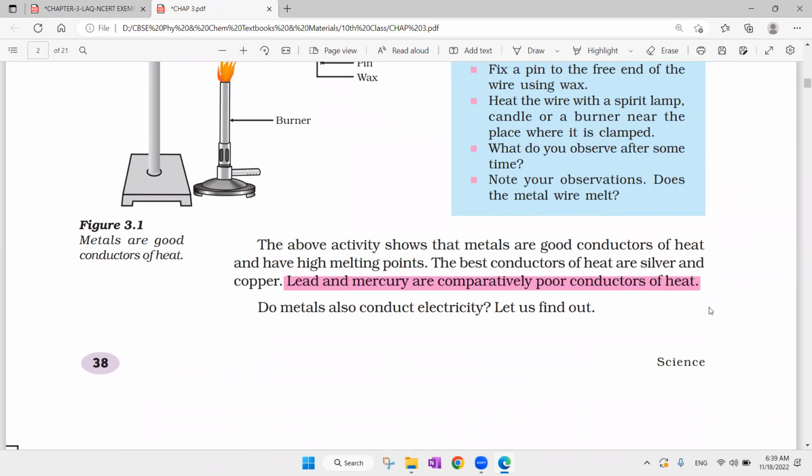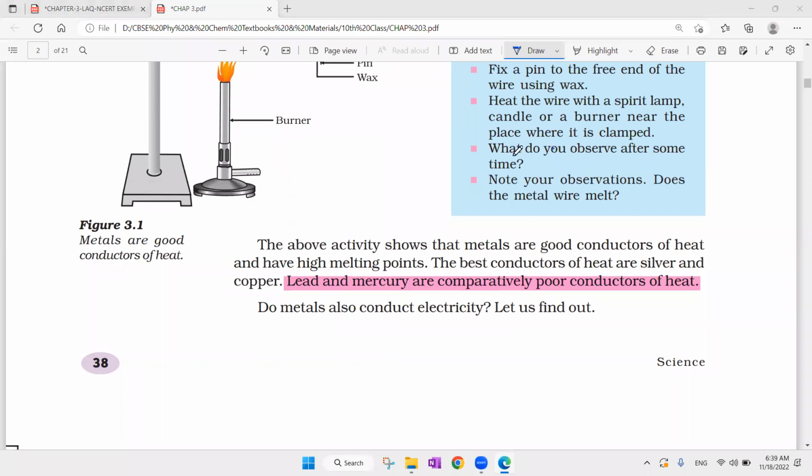Sir, but sir told it is not completely a conductor, but it's somewhat a conductor. So I'll tell you the answer: not only lead, mercury is also a poor conductor of heat.